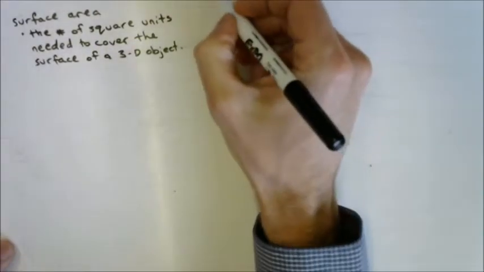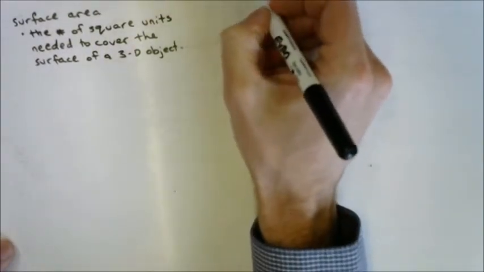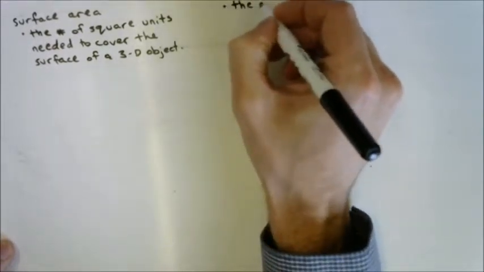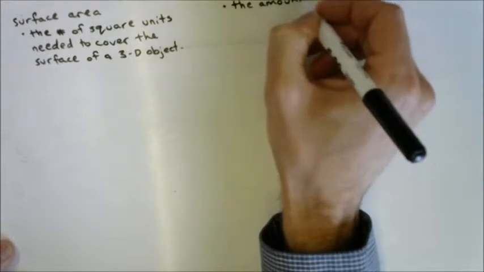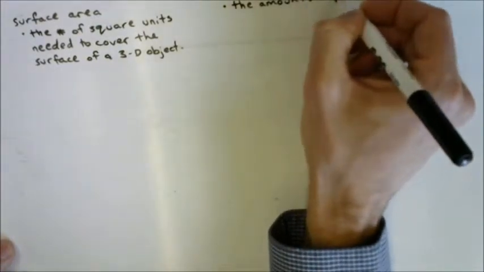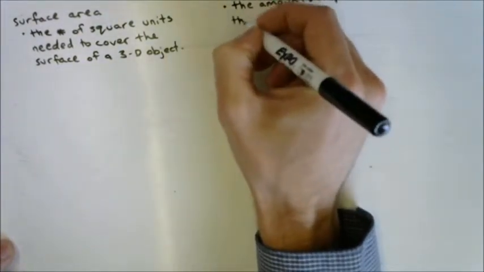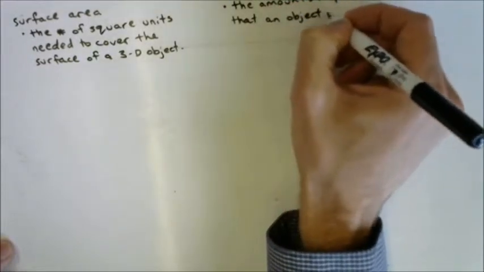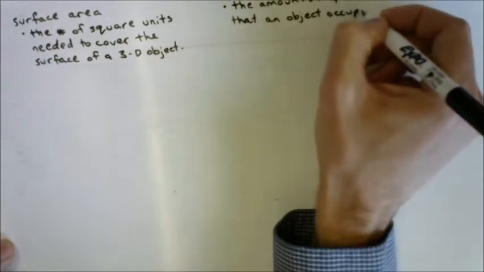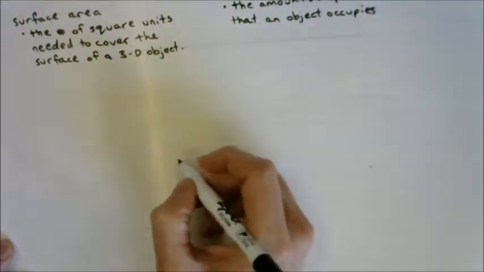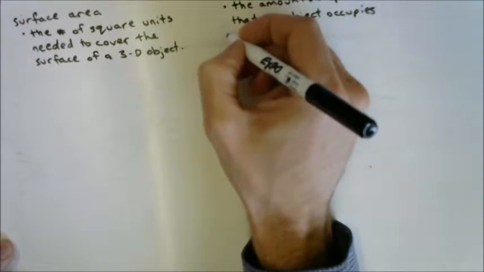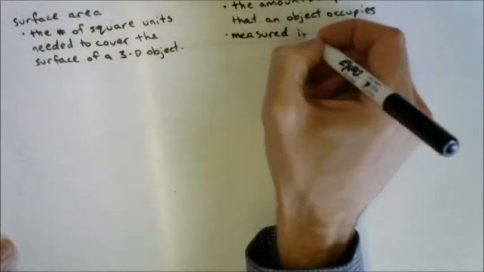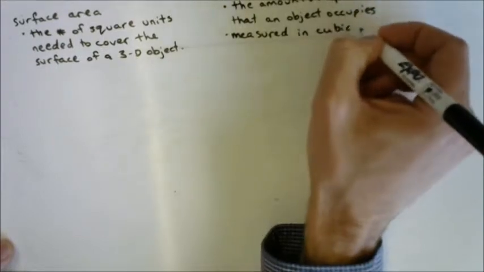Good. Next one is volume. This is the amount of space that an object occupies, and we need to note that it is measured in cubic units.